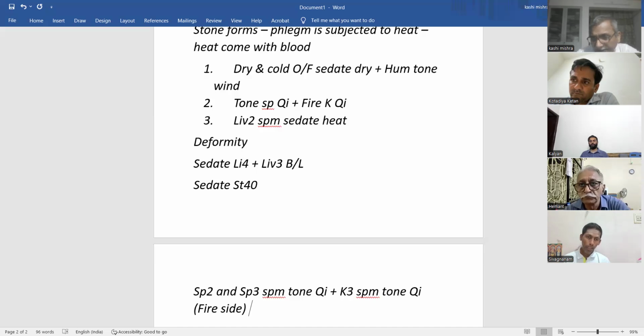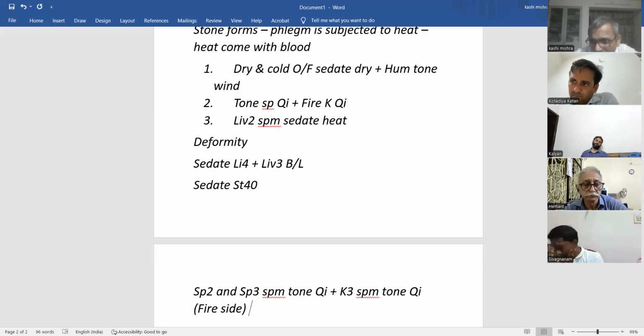So spleen and kidney both you are taking care of. And because you have to increase the quantity of chi.